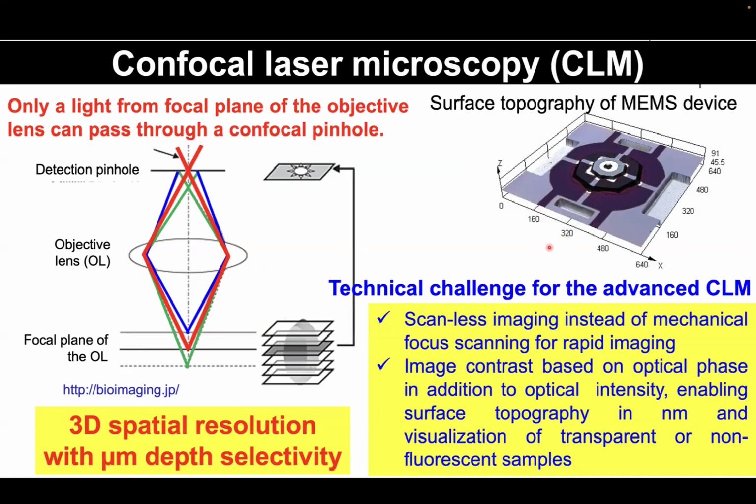The remaining key for the advanced CLM is scanless imaging instead of mechanical focus scanning for rapid imaging, as well as image contrast based on the optical phase, in addition to the optical intensity, enabling surface topography in nanometers and visualization of transparent or non-fluorescent samples.